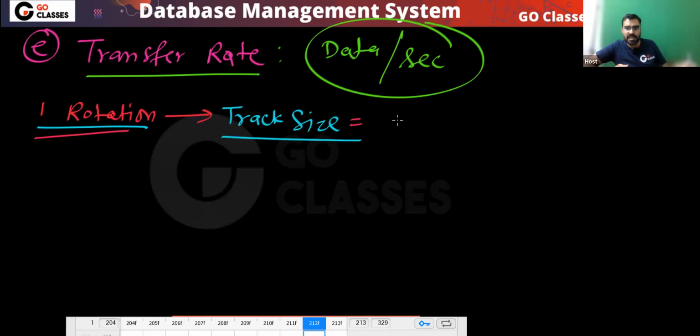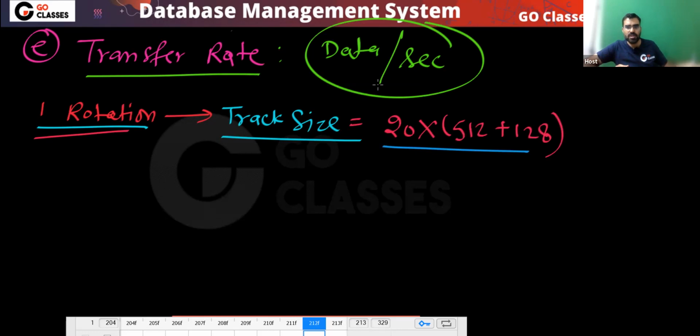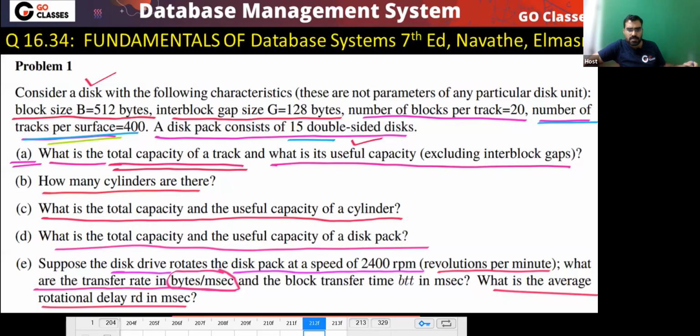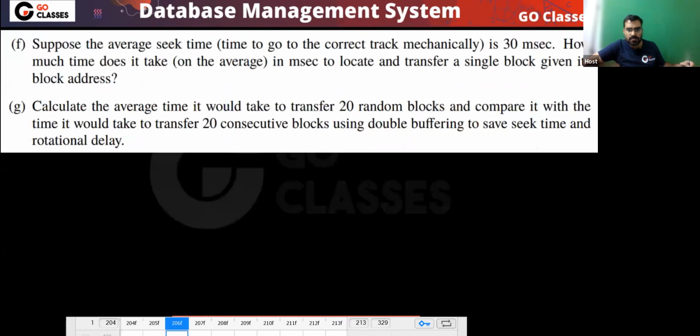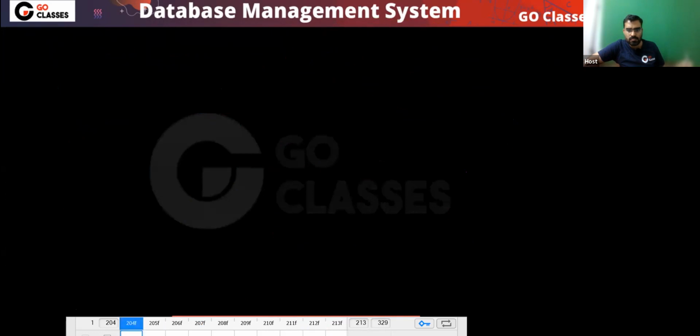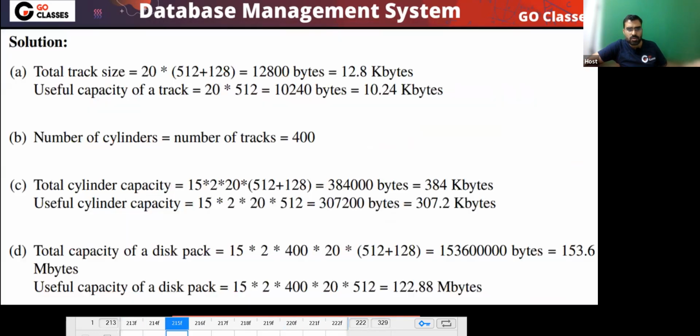Okay, and what is the track size? The track size is basically 20 multiplied by 512 plus 128. So this much you can transfer.